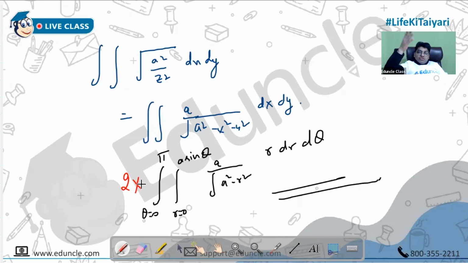It means both sides will have the same answer, because if you change z to minus z, the upper half and lower half are similar, a symmetric curve. Then you can say the answer is 2 times. So you have to multiply by 2. This is the main thing: when you have to multiply by 2 and when you do not have to multiply by 2. Okay, it is done.